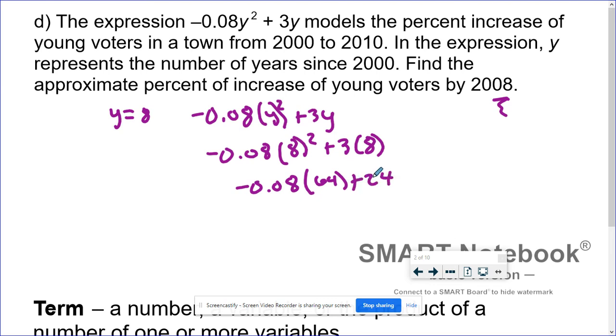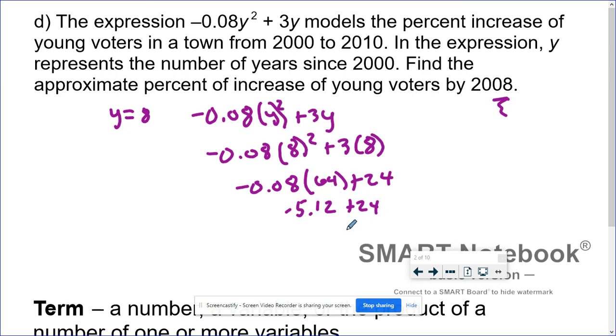When I multiply there, you get negative 5.12 plus 24.